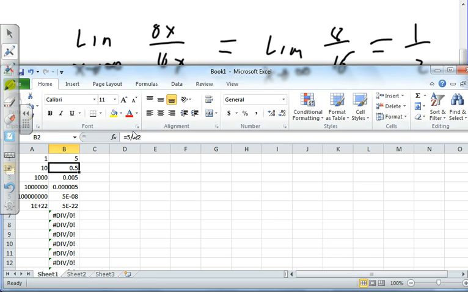Well, that's even better. And I'm even getting to 0 quicker that way. So does that explain the situation? Okay. Yeah, when I'm dividing by something that's getting very, very large, I'm getting closer to 0.